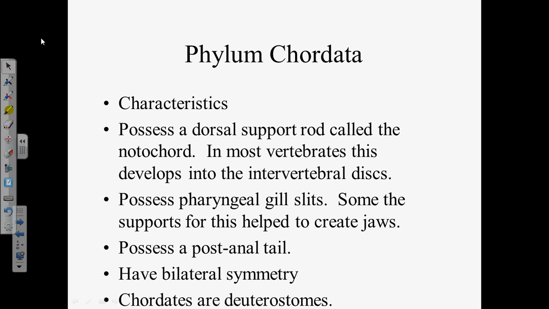Also, all chordates at some point in time in their life have pharyngeal gill slits, which means gill slits along the throat. Your pharynx is part of your throat. As an embryo, you had gill slits. You never had gills, but you had gill slits. Why would scientists say that you had gill slits?